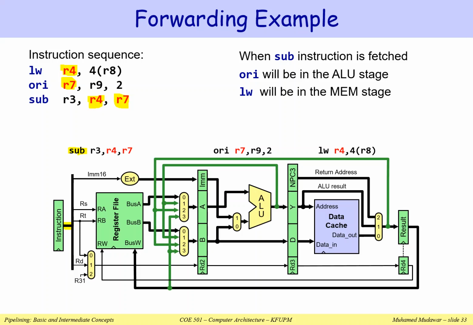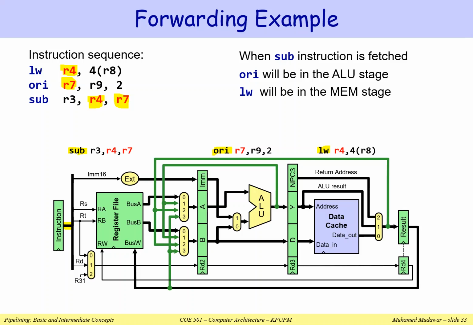Now, at this cycle, once we have fetched the subtract instruction and it exists in the second stage of the pipeline, already we have the or immediate in the third stage of the pipeline, and we have the load instruction in the fourth stage of the pipeline. So if the current instruction exists in the second stage of the pipeline, then the previous instruction must be in the third stage, and the second previous must be in the fourth stage of the pipeline.